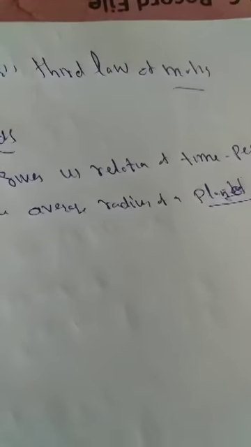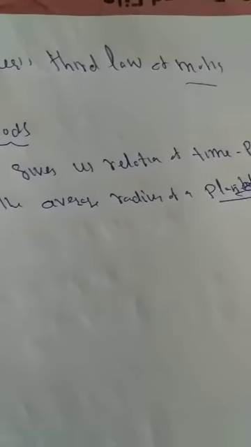Time period here refers to the time taken by a planet to make a complete revolution around the sun. That is the time period. Average radius, it is the average.